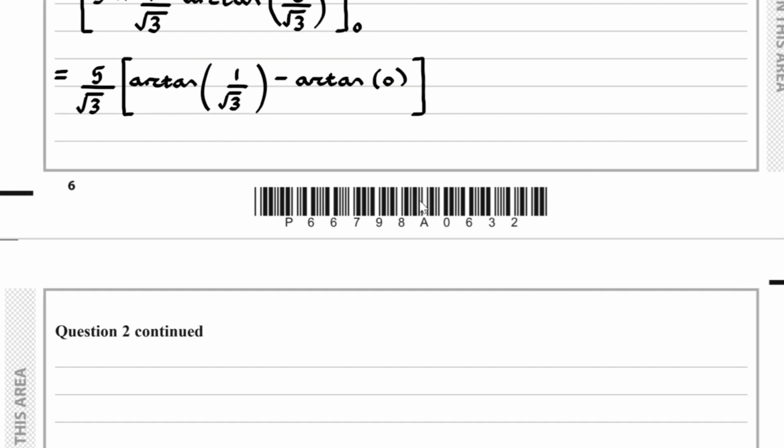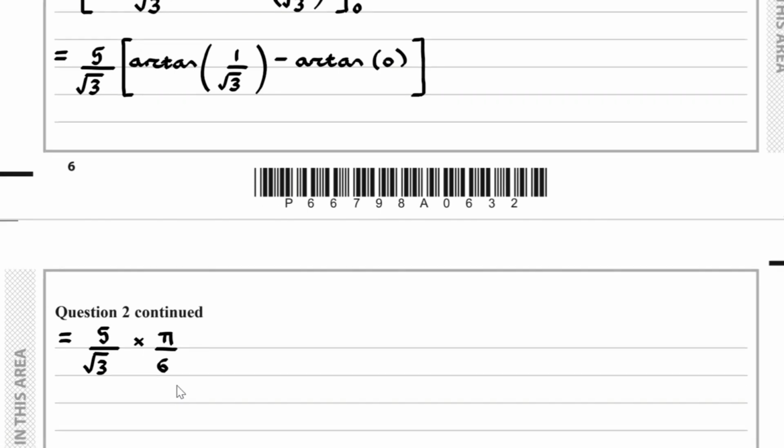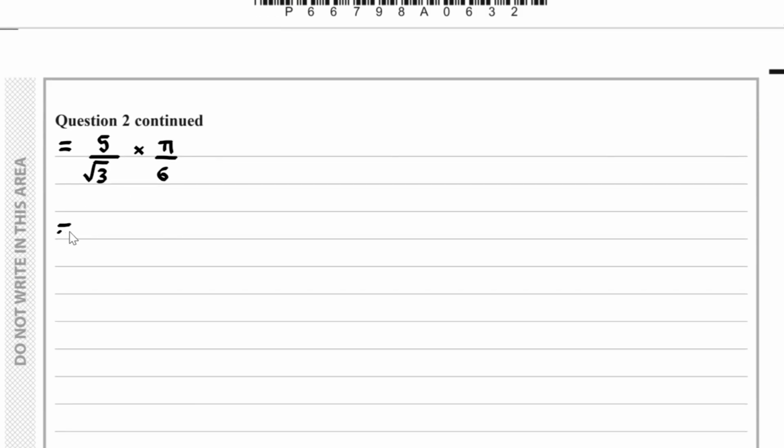So what we'll end up with is 5 over root 3 multiplied by pi over 6, which is 5 pi over 18 multiplied by root 3.